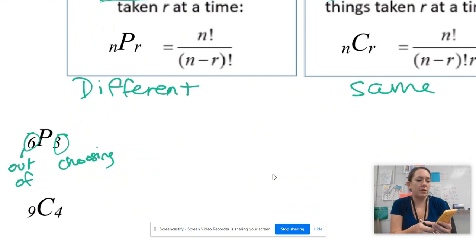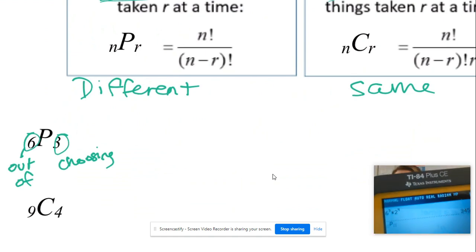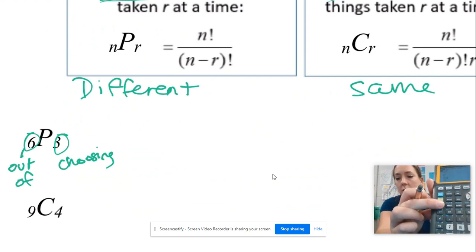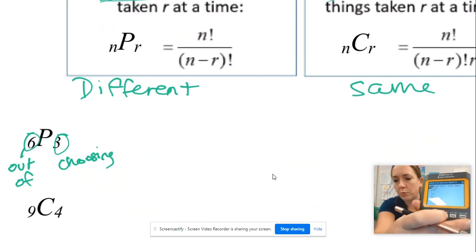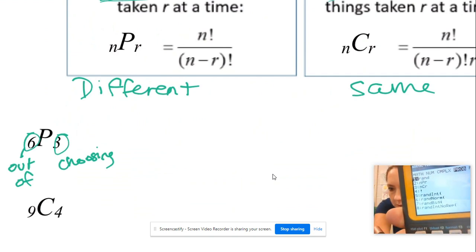But basically, I just go down here to number 7, and there's little blanks. If you're using an older calculator, you would have to type the 6 before you did the P thing. And you can get to it also by hitting the math button and then going over to probability, and it is number 2 and 3.